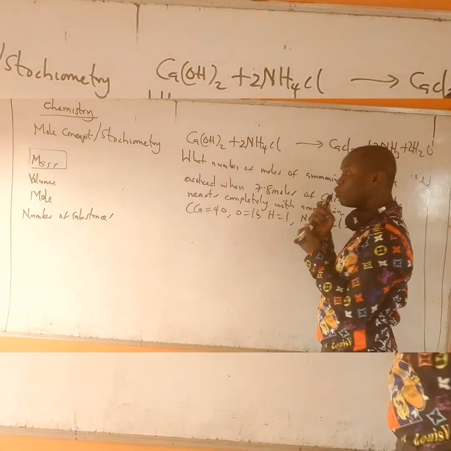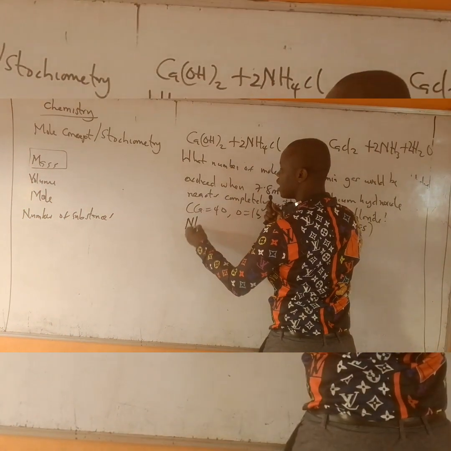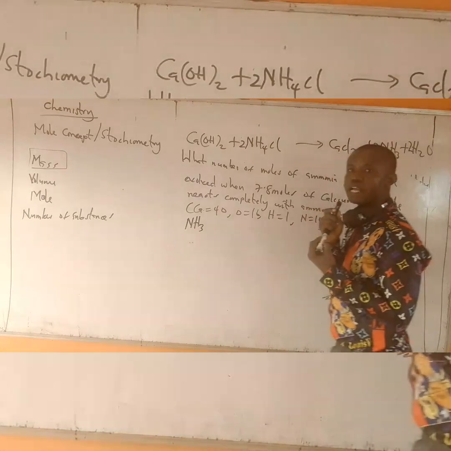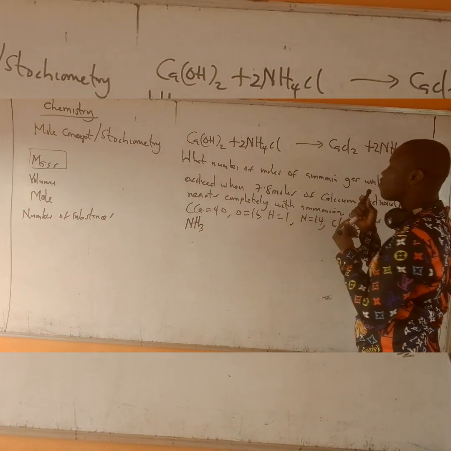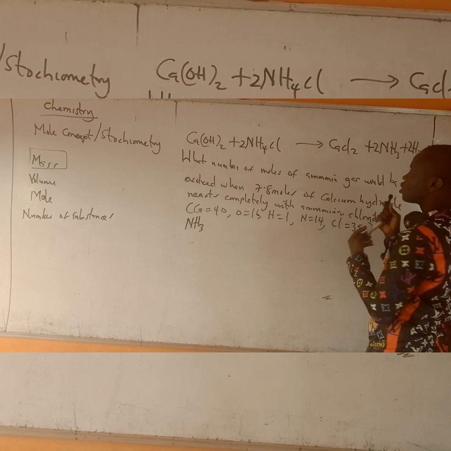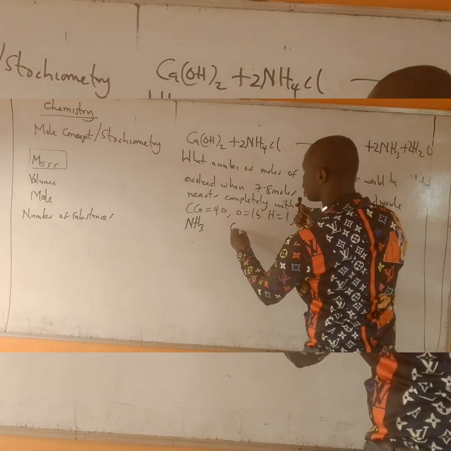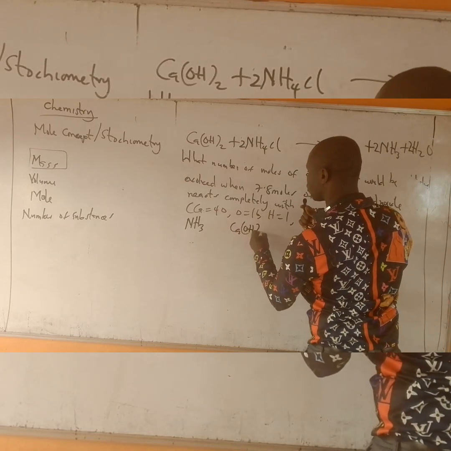Do you understand? The other substance is calcium hydroxide, when 7.8 moles of calcium hydroxide react.